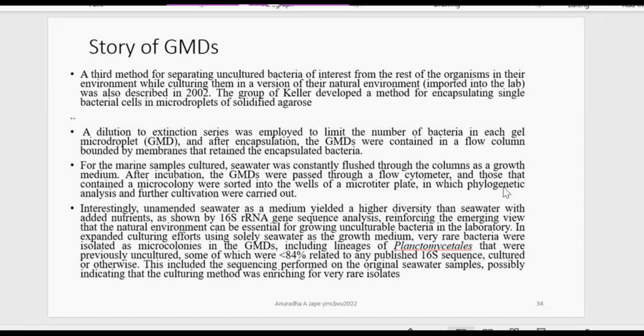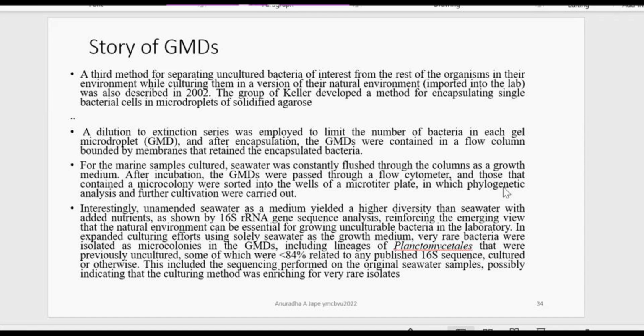So this included the sequencing that was done, of course, of the original seawater sample first, and that indicated the possibility of the presence of this organism. And then in this enriched medium, the isolates obtained were again 16S sequenced, and it was concluded that they belong to the Planctomycetes group.